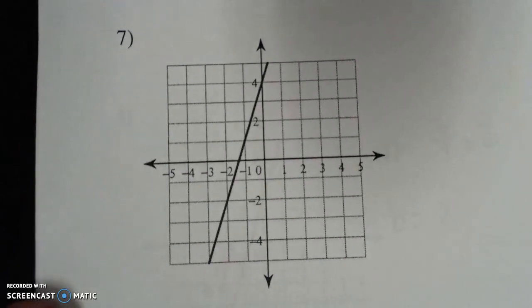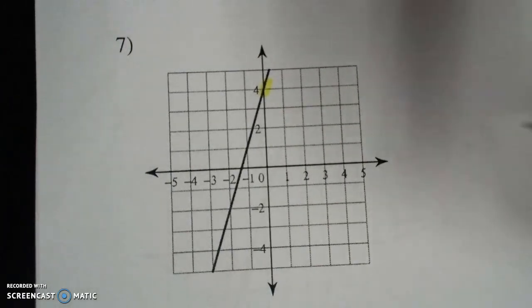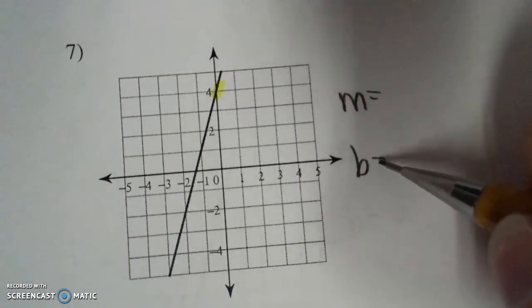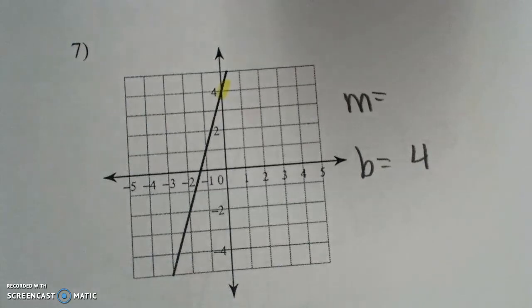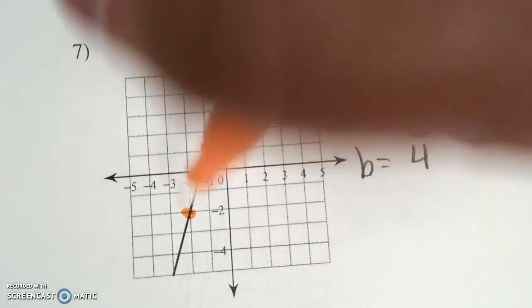And then this one finds my y-intercept, with my y-intercept being 4. M equals, M is how it moves, B is the beginning is at 4. I'm going to use this one and this one.